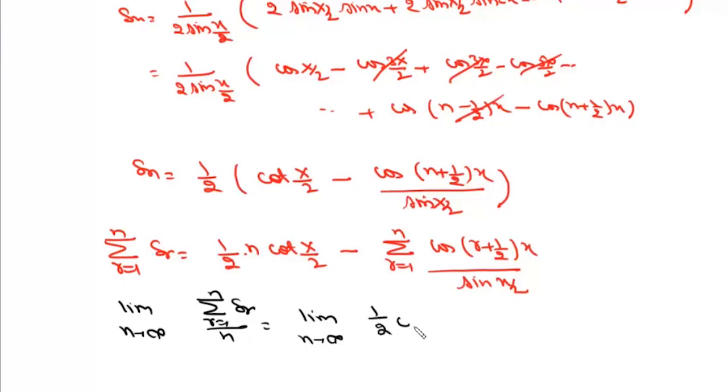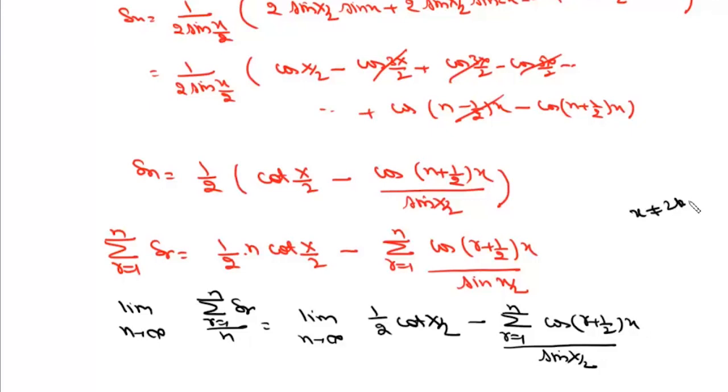This 1 by 2 cot x by 2 and then minus this summation r varies from 1 to n cos (r plus 1) by 2 x upon sin x by 2. And in the question it is given that x is unequal to 2k pi. That means this cos (r plus 1) by 2 x is not equal to 1.